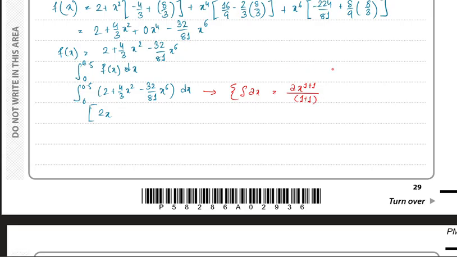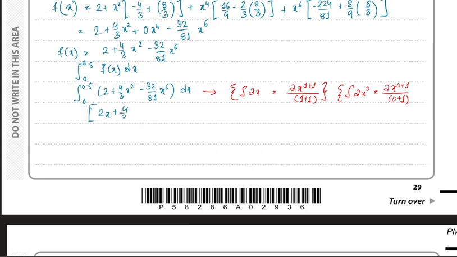Here, integration of any constant, for example a is 2, is actually x to the power 0, and we don't write x to the power 0, as anything to the power 0 is 1. So it would be ax to the power 0 plus 1 divided by 0 plus 1, which would just be 1. So this is what we got for the integration of 2.